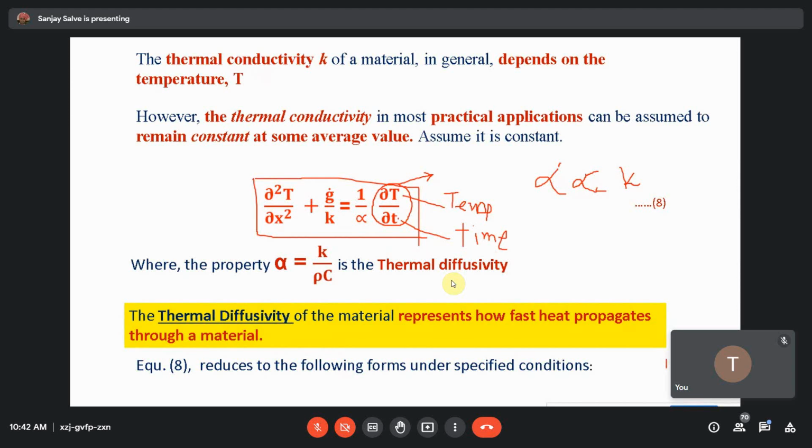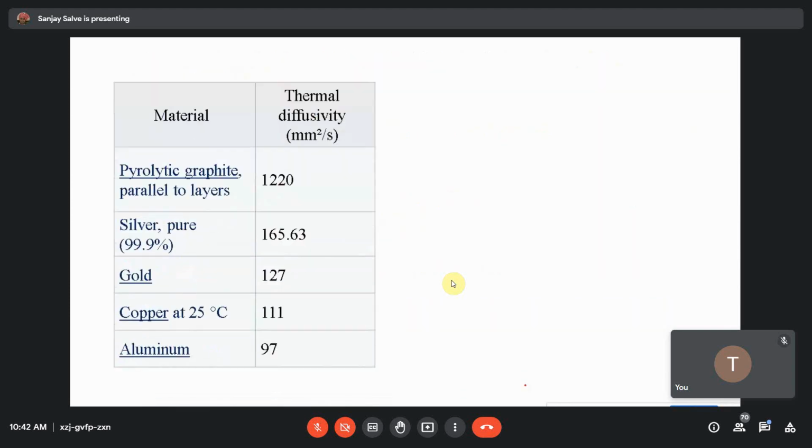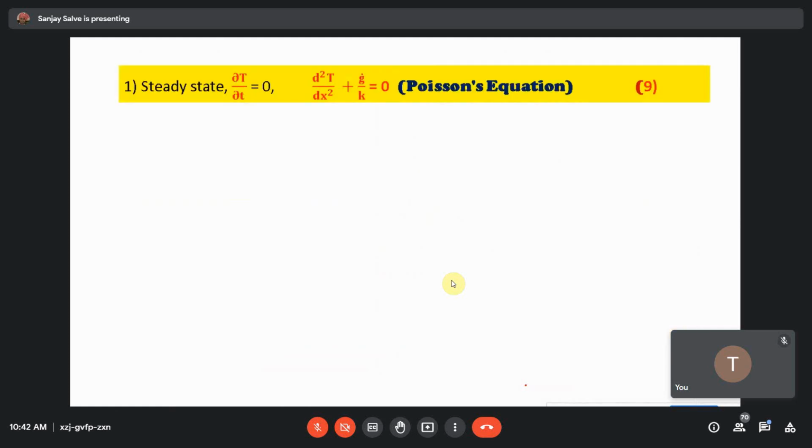This value is 0 because it is not changed. So what will be the condition? The condition is: steady state, del T by del small time t goes to 0 on the right hand side of equation number 8, and therefore this equation becomes d square T by dx square plus g dot by k equal to 0, because the partial derivative converts into exact derivative. And this reduction, when we consider steady state, is called Poisson's equation.